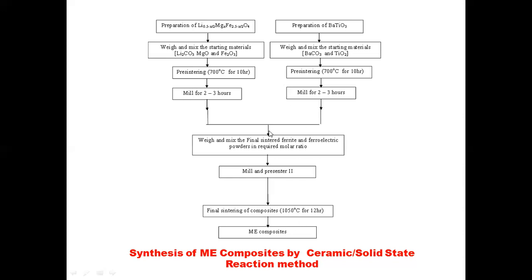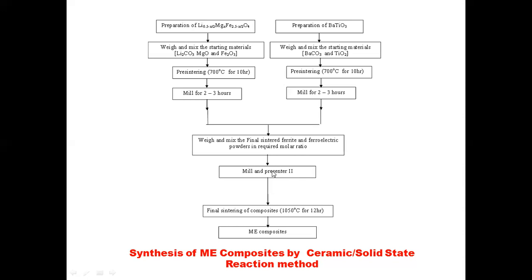These two, the ferrite phase and the ferroelectric phase, are now mixed in a proper ratio, like 1:2, 1:3, like that. So at different molar ratios, these two powders are mixed together, milled, and pre-sintered again.